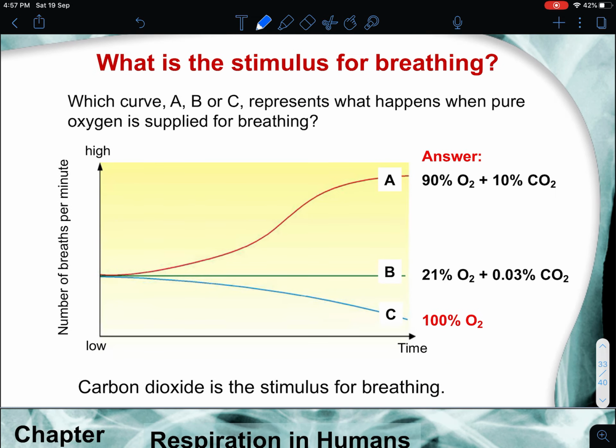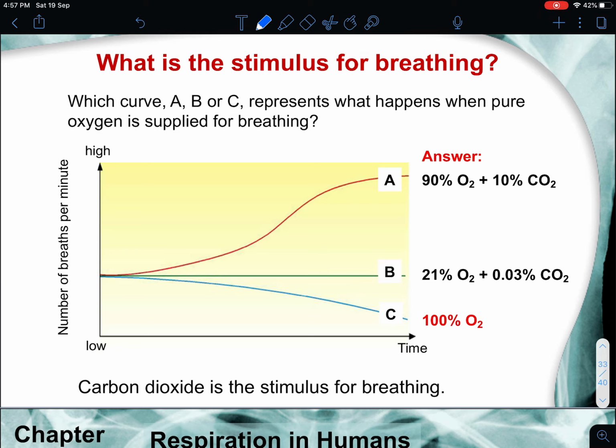So what generally stimulates breathing? Now, one common misconception is that when you do CPR, you are actually giving oxygen to the person who has just drowned. The answer is not true. What you are actually breathing out contains carbon dioxide gas, actually a higher concentration of carbon dioxide gas.